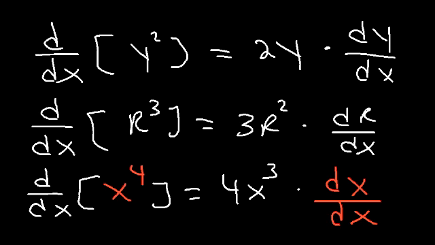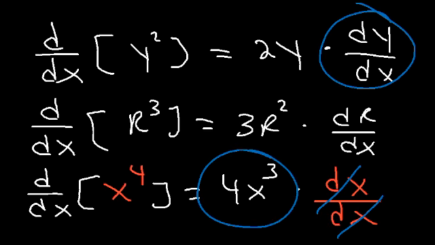So for implicit differentiation problems, whenever you're finding the derivative of a y variable, make sure you always add dy/dx. But when you're differentiating something in terms of x, dx/dx will cancel, so you don't have to write anything next to it. So anytime you differentiate a y variable, make sure you add y prime or dy/dx.